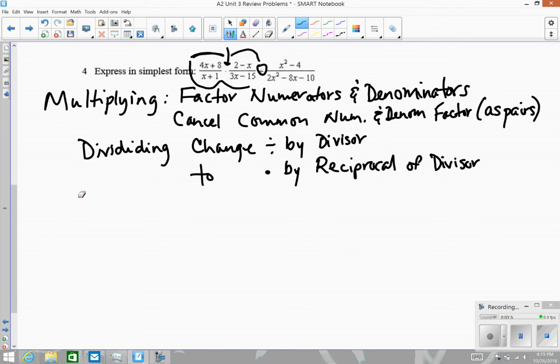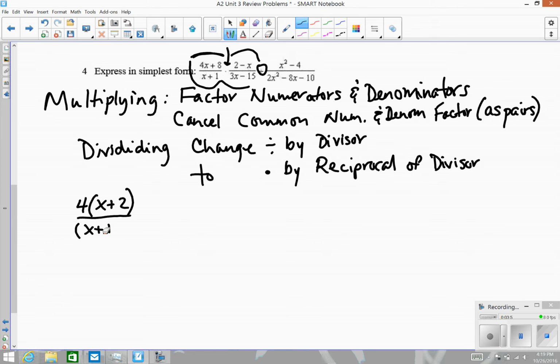We'll start with that. Factoring 4x plus 8, I have a GCF of 4. So I'm going to pull that GCF out, and I get 4 times the quantity x plus 2. And the denominator x plus 1 cannot be further factored, so I'm going to leave that alone.